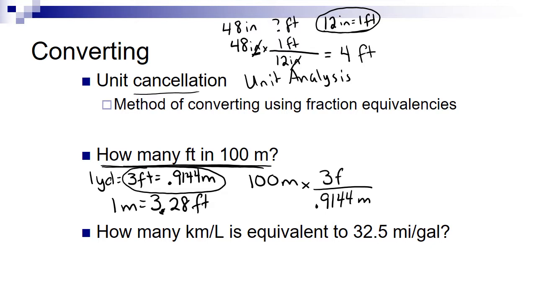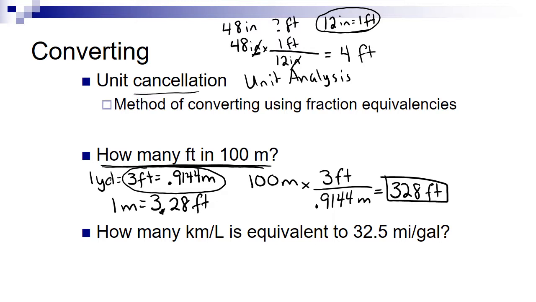On top, I'm going to put 3 feet. And then I'm going to type that into my handy dandy calculator. I'm going to say 100 times 3 divided by 0.9144. And it equals out to 328. Just like that.